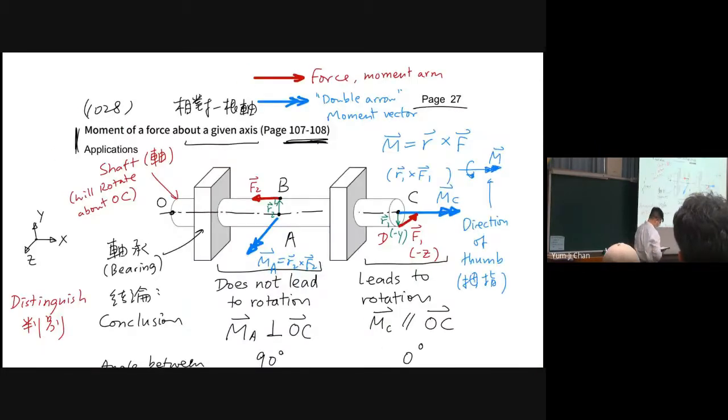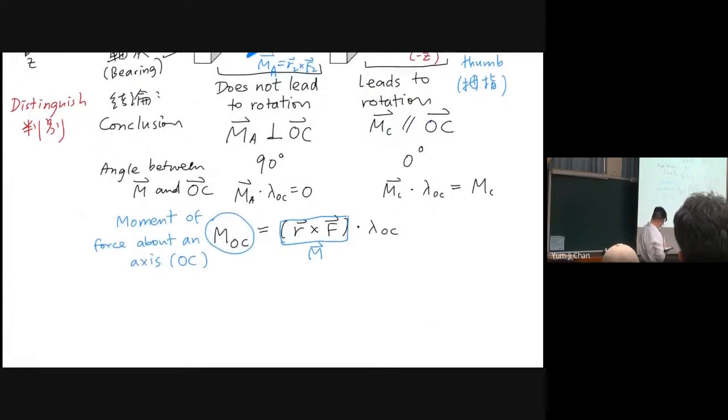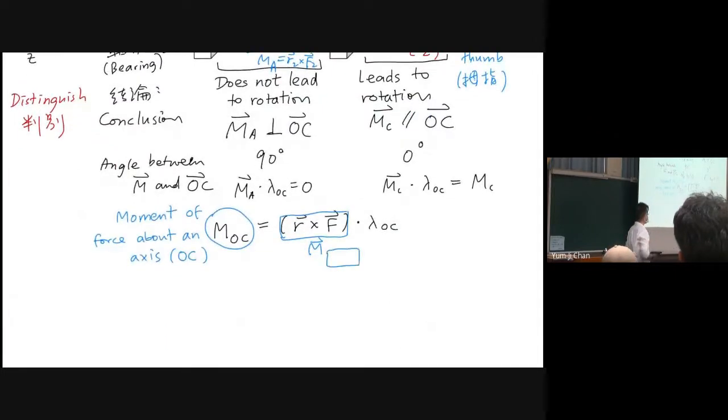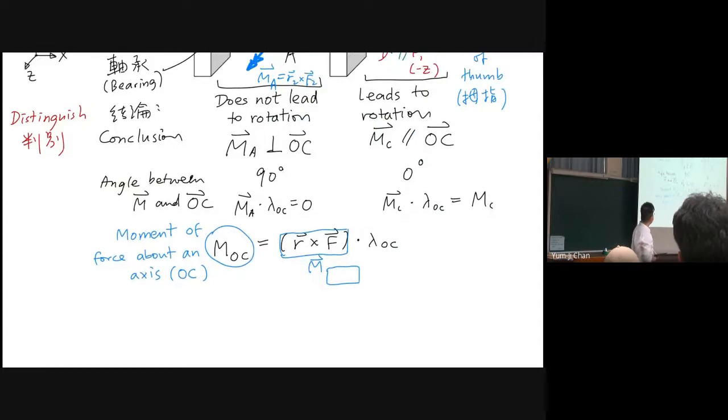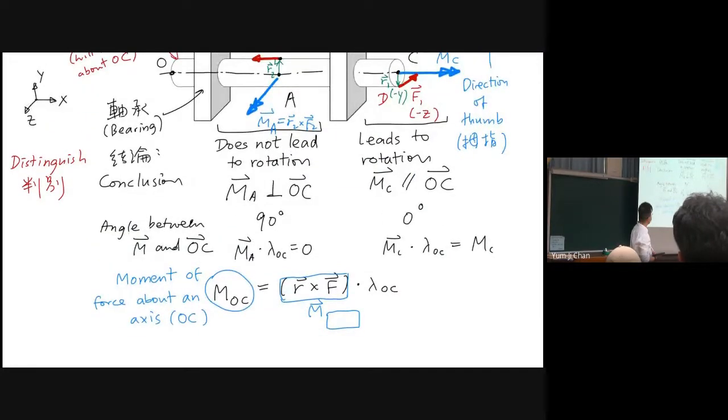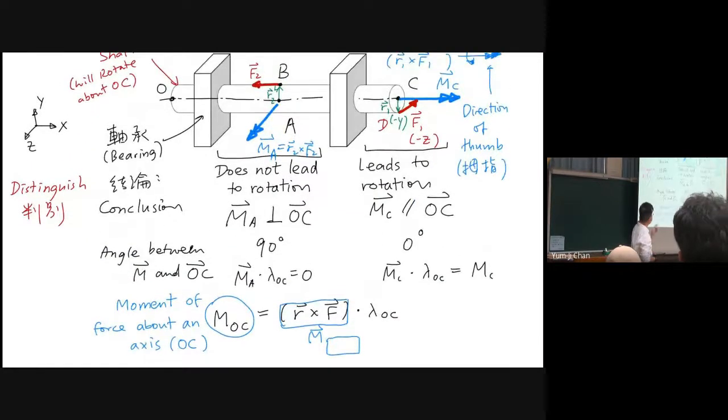Now you may ask me, which point should we take as the reference? It can be any point along OC. So you can take the moment about O, you can take point C, and you can take point A as well.